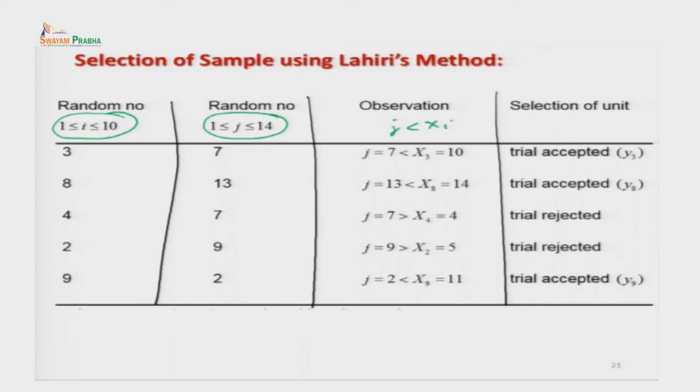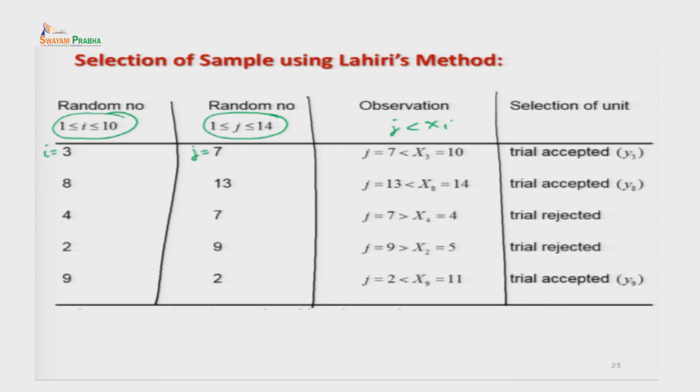Suppose I draw a number between 1 and 10 using the random number table, and suppose this number comes out to be i equal to 3. Then I draw one more random number using the random number table, and suppose this comes out to be 7. So this is the value j equal to 7.